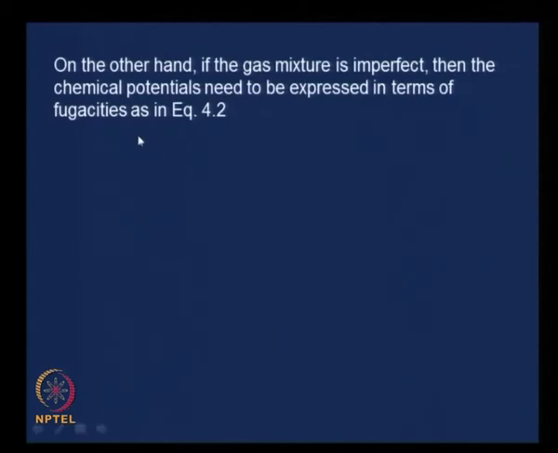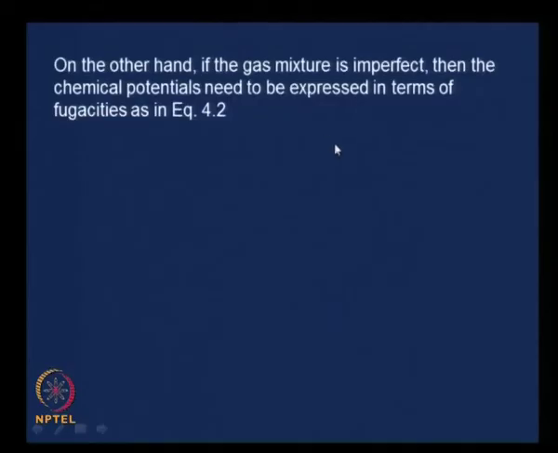Now, all those equations that we derived so far, the equilibrium constants, were applicable for perfect gas mixtures. If the gas mixture is imperfect, which is usually the case, then the only change that we need to make, since we are working in terms of chemical potentials, is that the chemical potential needs to be expressed in terms of fugacities instead of partial pressures.